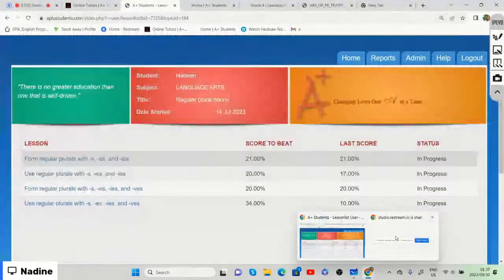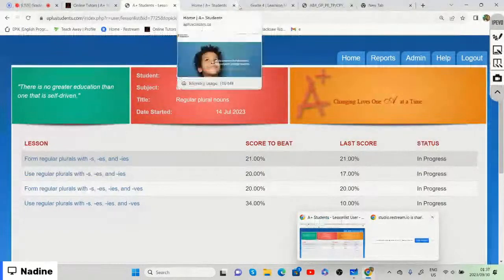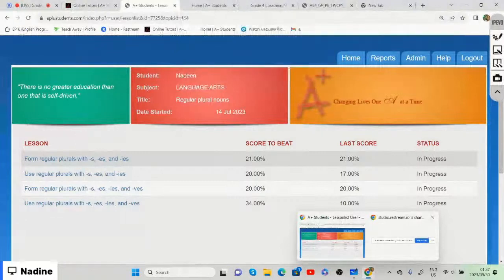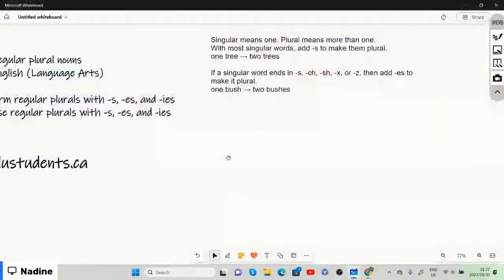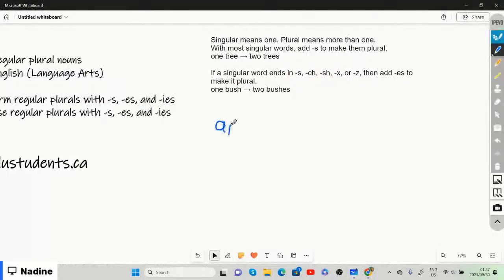So if we now go to aplusstudents.ca, aplusclasses.ca, we're going to log into aplusclasses.ca.